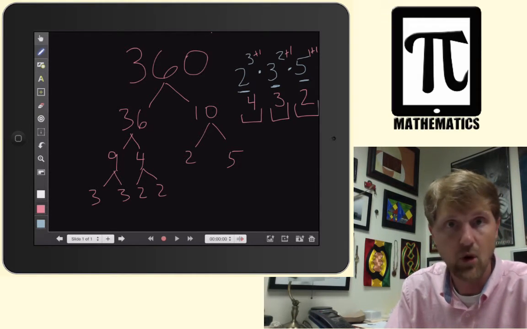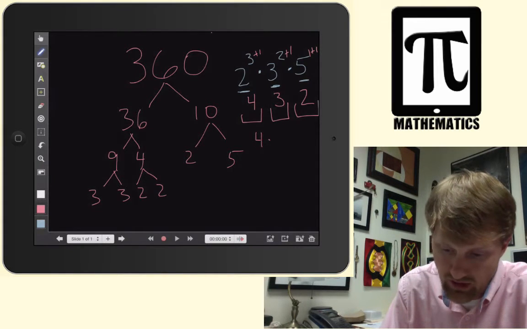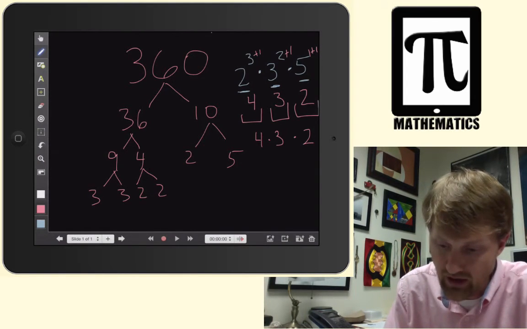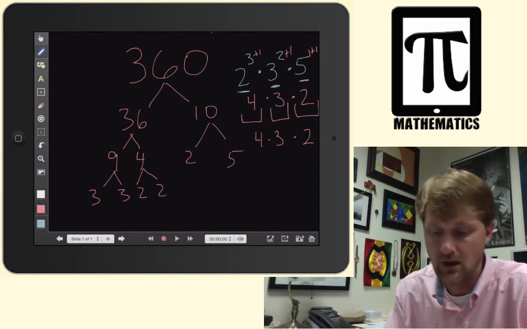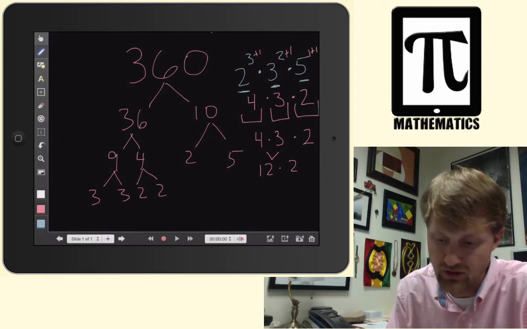That is a multiplication problem. We got 4 groups of 3, 4 times 3, and then that answer is going to give you 12 groups of 2. So we end up just multiplying the number of factors for each of them. And that's going to give us 12 times 2, because 4 times 3 is 12.